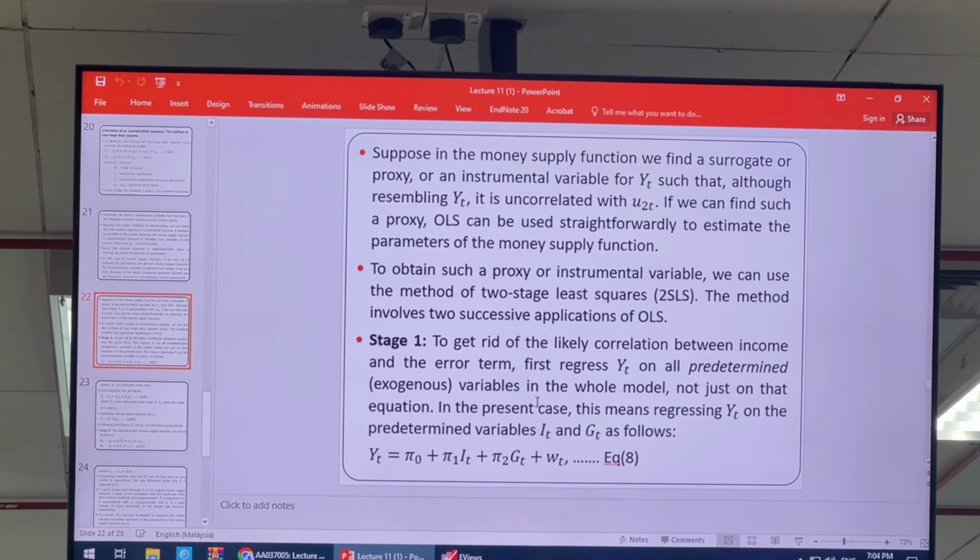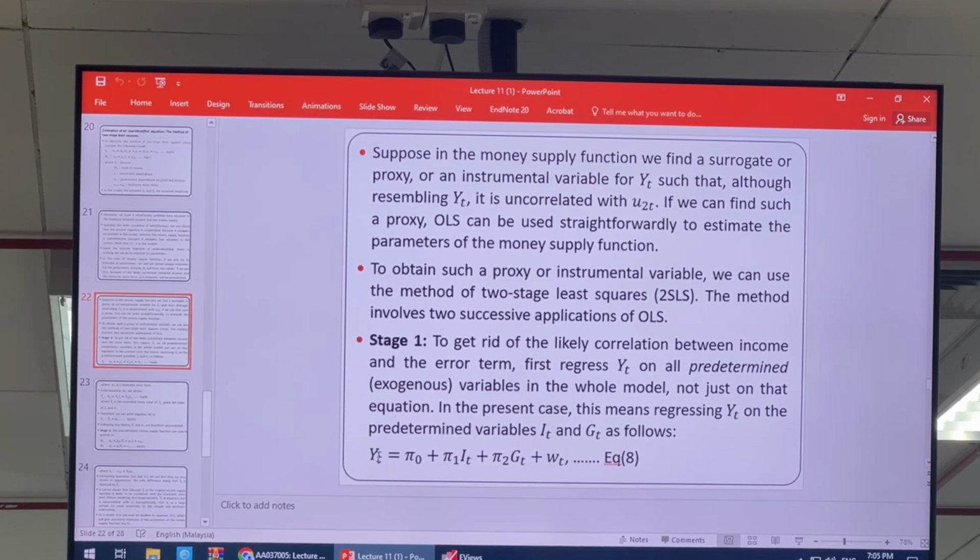So again, to get rid of the likely correlation between income and error, first regress YT on all predetermined variables in the whole model, not just on that equation only. In the present case, this means regressing y on the predetermined variables I and g as follows. So you regress y against I and g in order to get y hat.